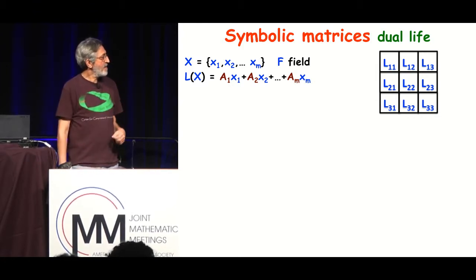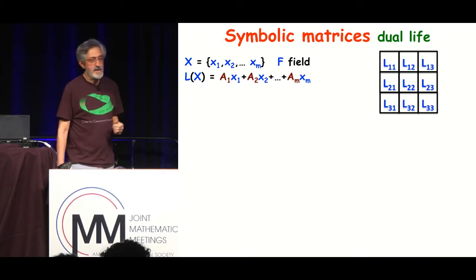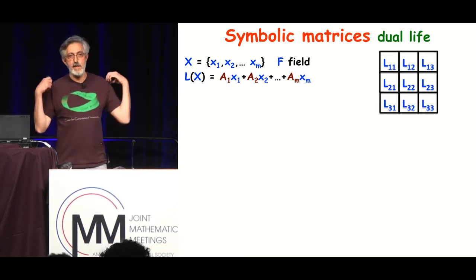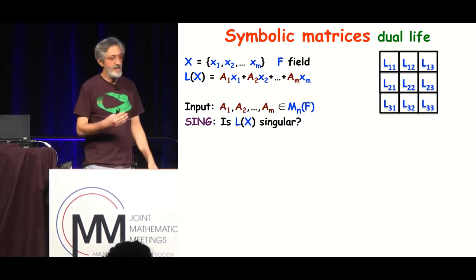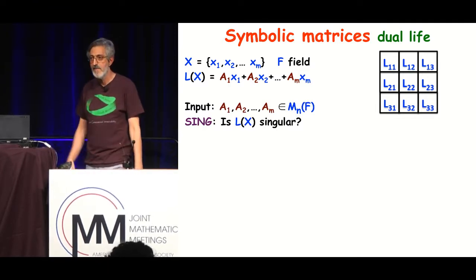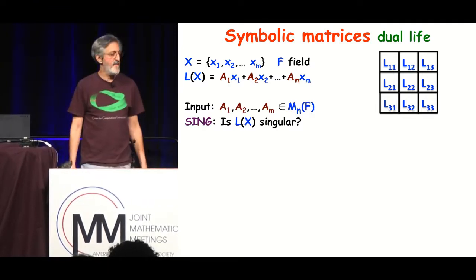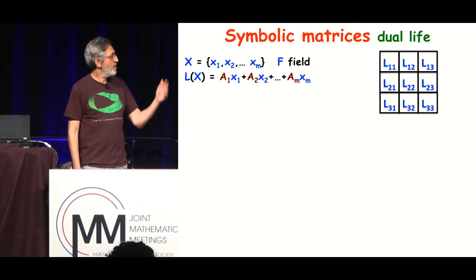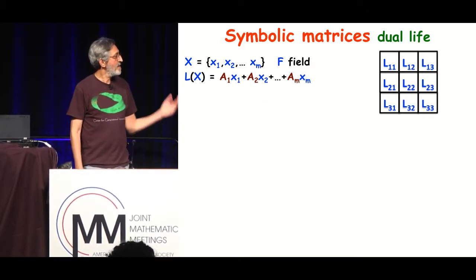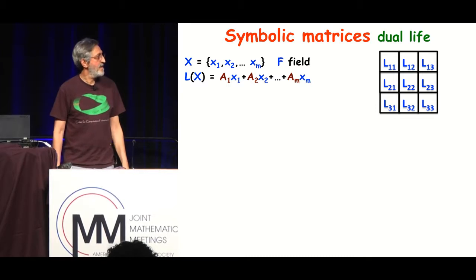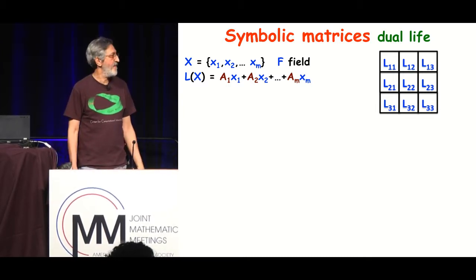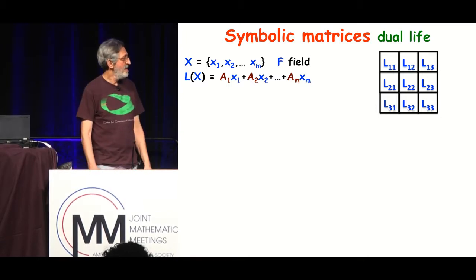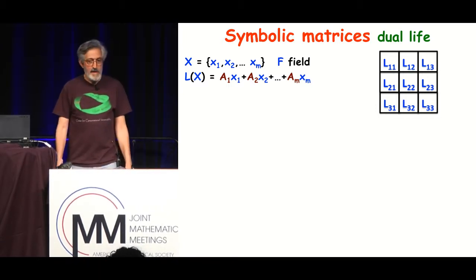So let me first say that symbolic matrices are very naturally represented as just tuples of matrices. Every entry is a linear form, so we can give every variable the matrix coefficient it comes with. So every symbolic matrix is just a tuple of matrices in the field. By the way, this question is interesting over every field, but we will specialize a little later.